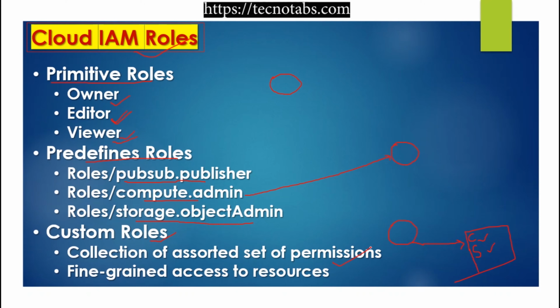Okay, so this kind of service is also available with the GCP, so you can get fine-grained access to the resource, and it is very much useful when you have a very big team and you want to assign certain kinds of roles to certain members.